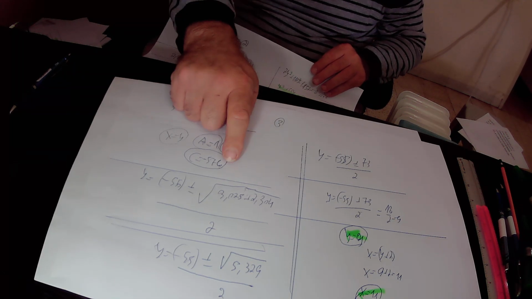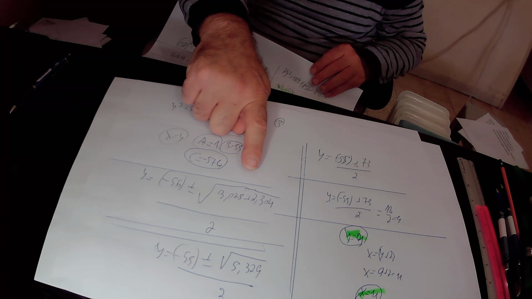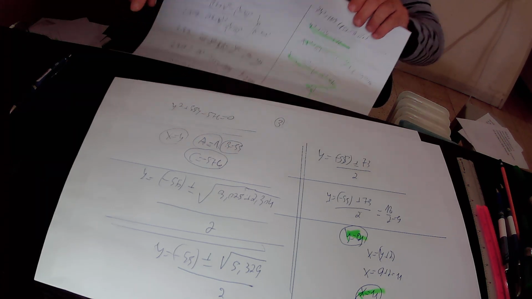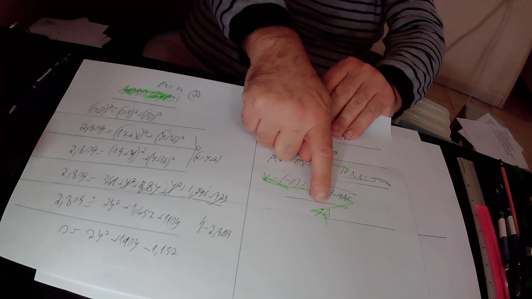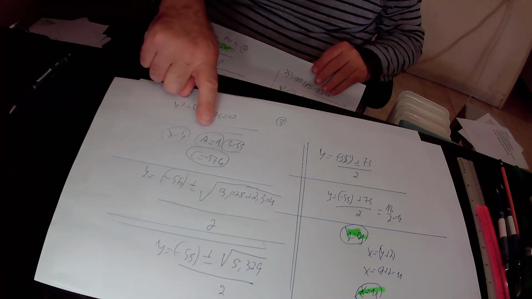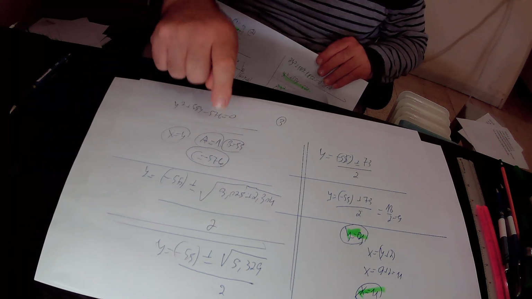So total inside the root we have 3025 plus 2304, divided by 2a. a is 1, so 2a is 2 times 1, that is 2.